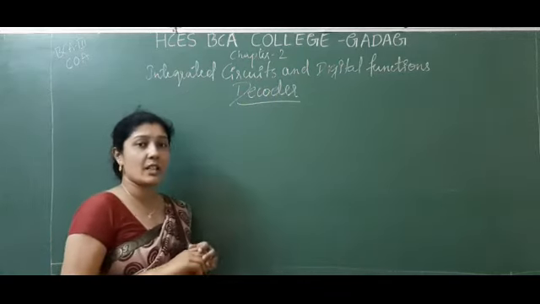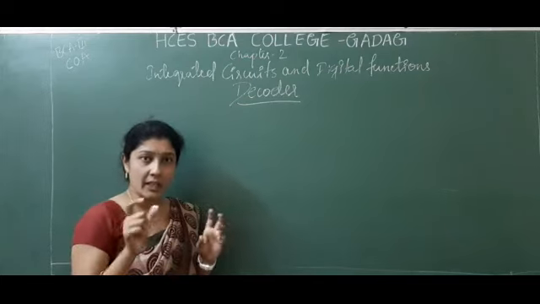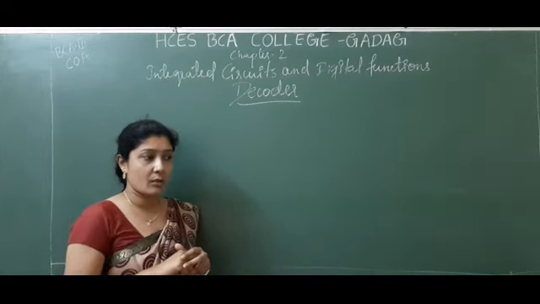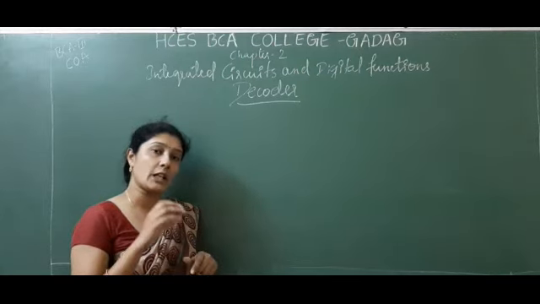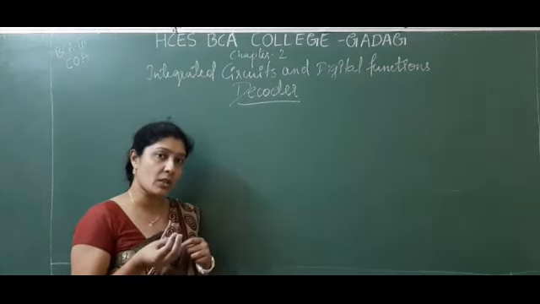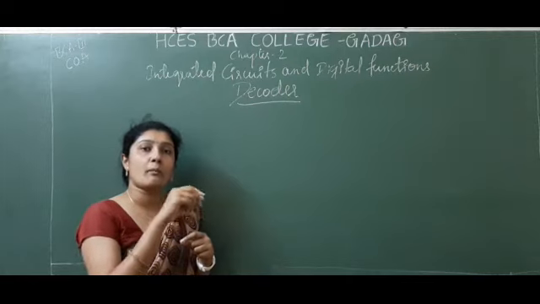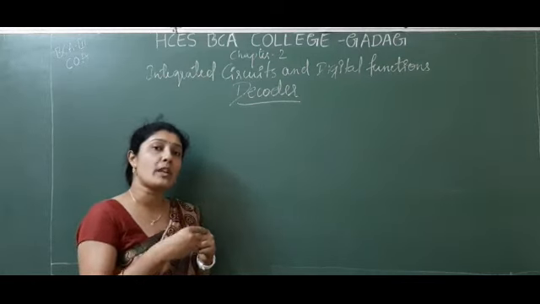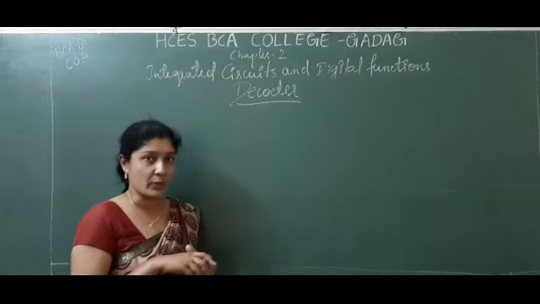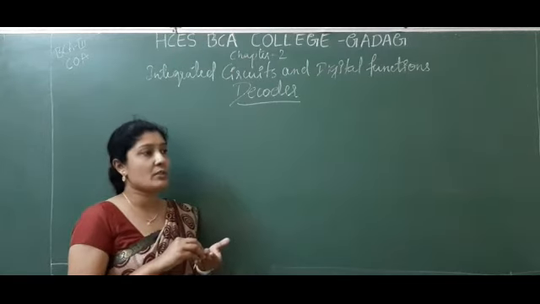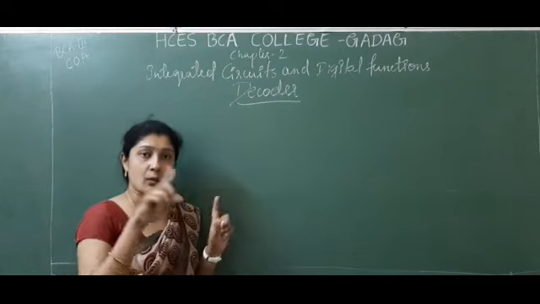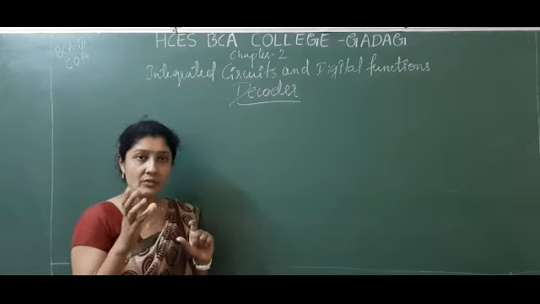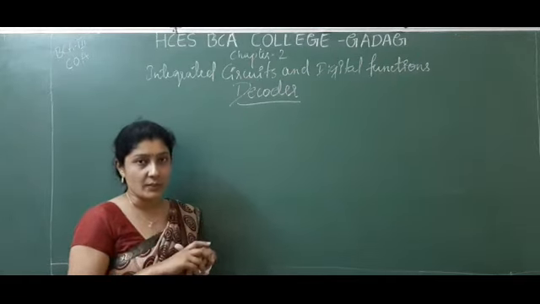So what is this decoder? You might have heard the name decoder. The decoder is nothing but it decodes information. It converts binary information from n number of inputs to 2 raised to n number of unique outputs. These are used in monitors, printers, calculators, and displays.